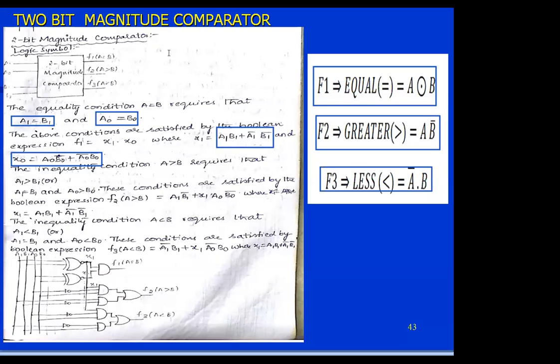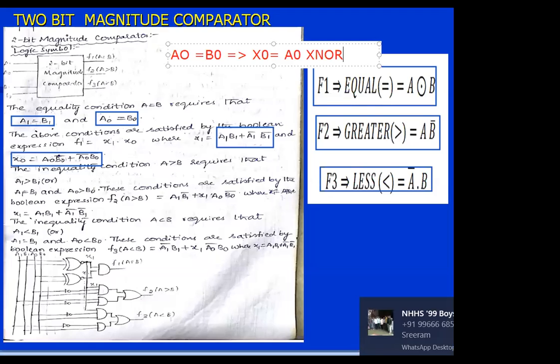Or simply, I can write this when A0 equal to B0, we are writing this as X0. The X0 equals to A0 XNOR with B0.